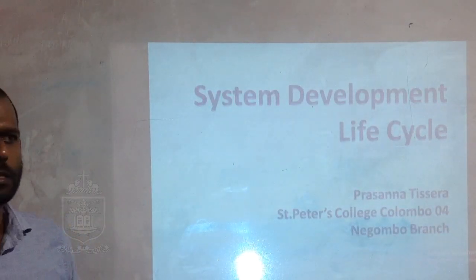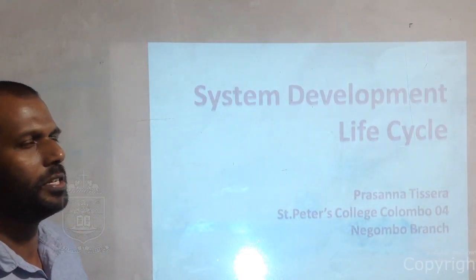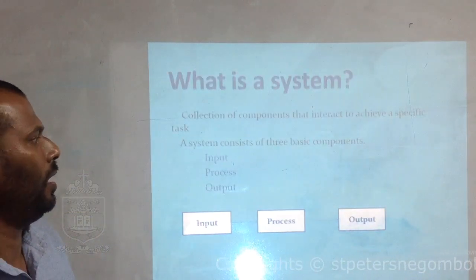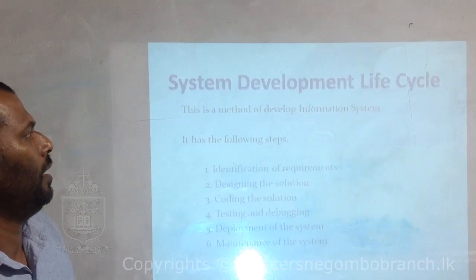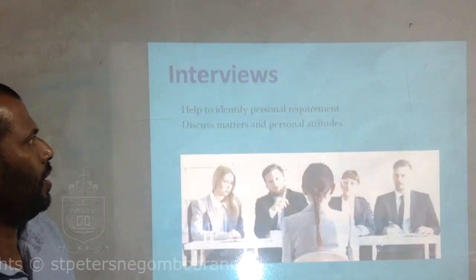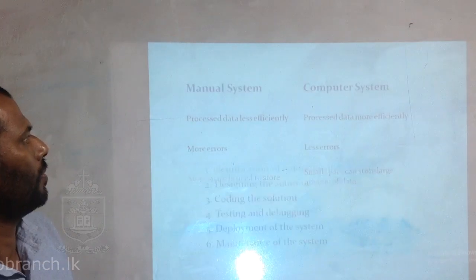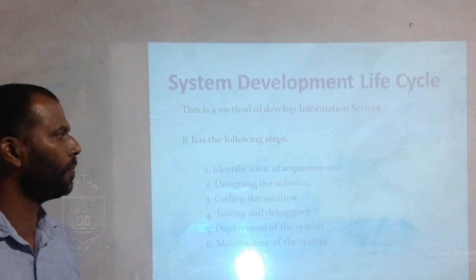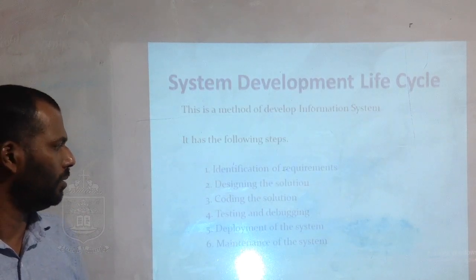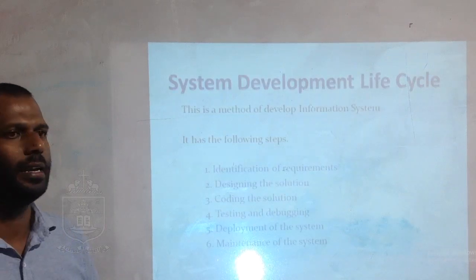Before that, I will go through last week's slides briefly to revise your knowledge. There are 6 stages: identification of requirements, designing the solutions, coding the solution, testing and debugging, deployment and maintenance of the system.